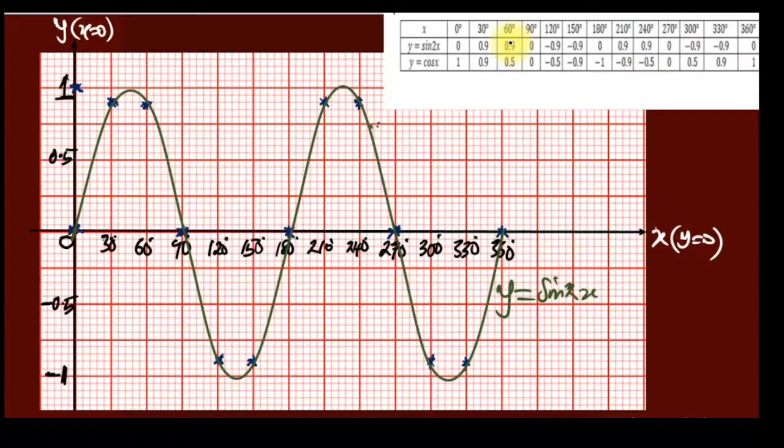When it is 60, is 0.5, so 60, 0.5. When it is 90, we have 0, that same point. When it is 120, you have minus 0.5. So 120, minus 0.5 is down here.